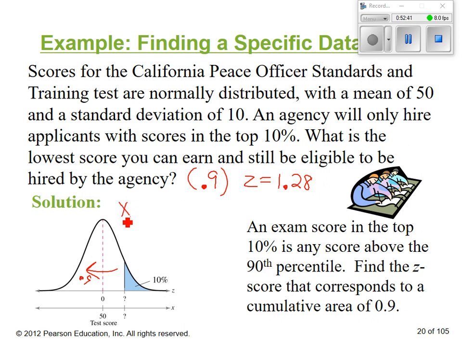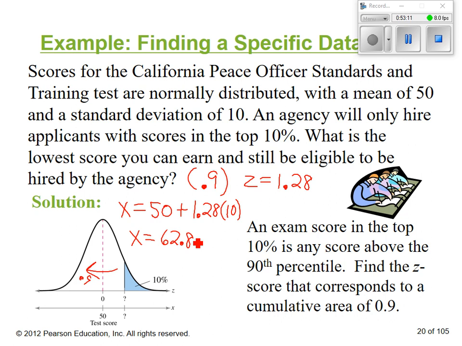Then we just change that z-score into an x-score. We take the mean. What was the mean here? 50 plus 1.28 times 10. What's that give us? 62.8.